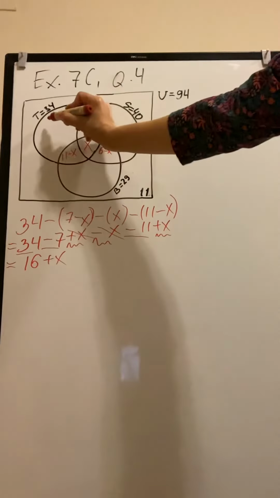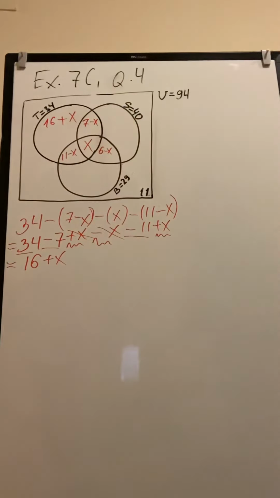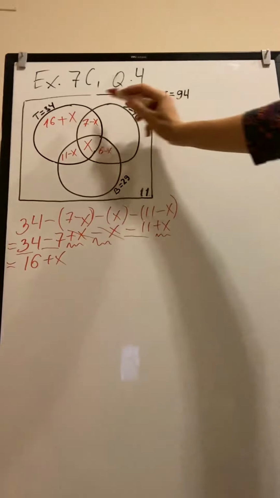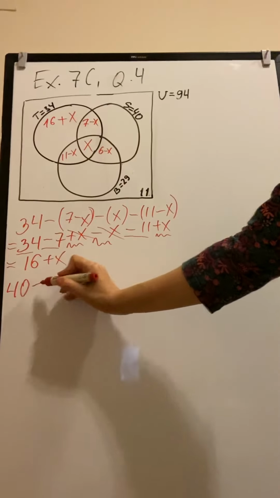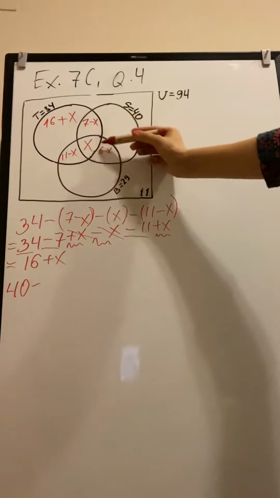So I'm going to go ahead and literally write 16 plus x into that area. Once I've done that, I can repeat this exact same process for the other two. So for S, for example, what's total steering problems? 40 minus, well, 40 minus what? These three little areas here.